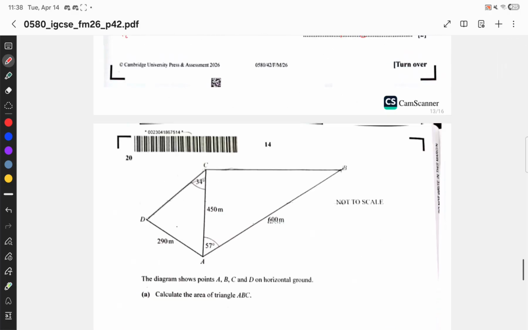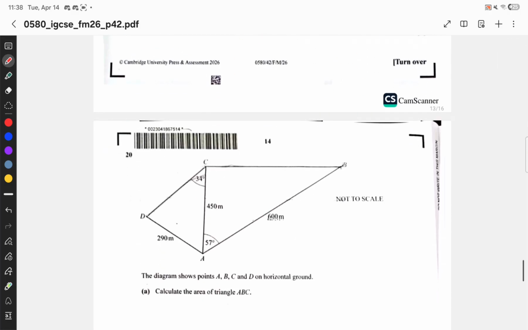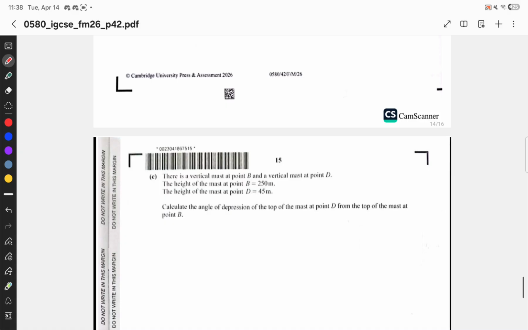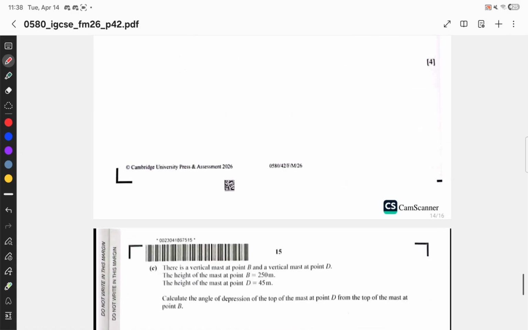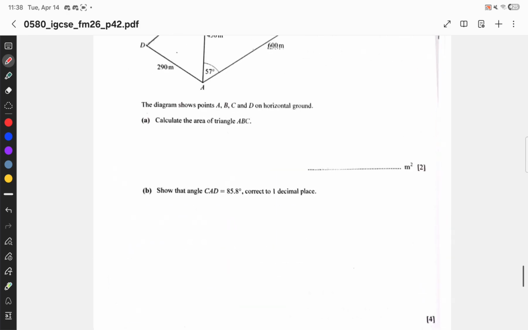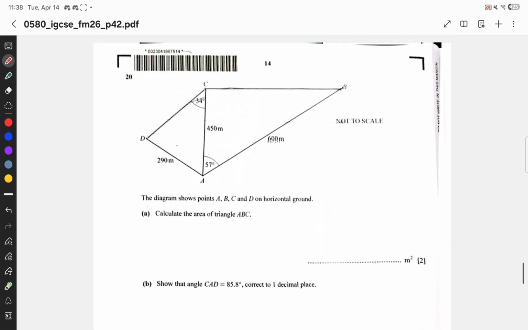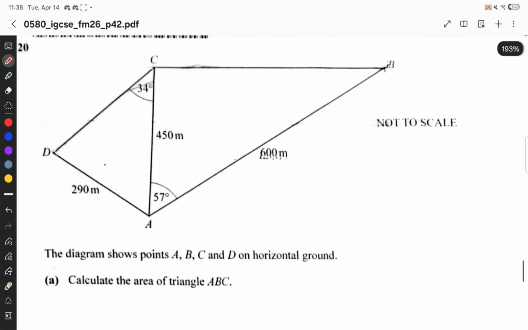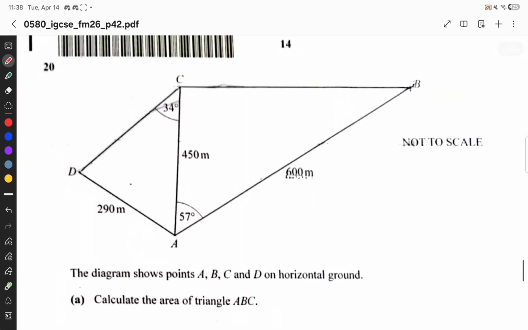Ooh, no. I do not think I can do this in time. 1, 2, 3, 4, 5, 6, 7, 8, 9, 10, 11, 12, 13, 14, 15. 15 whole marks. Calculate the area of triangle ABC.